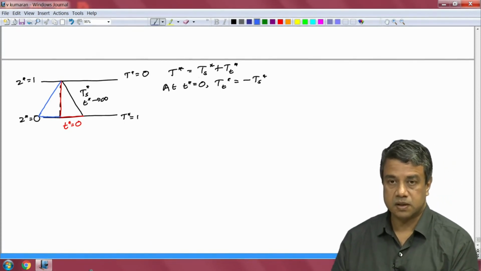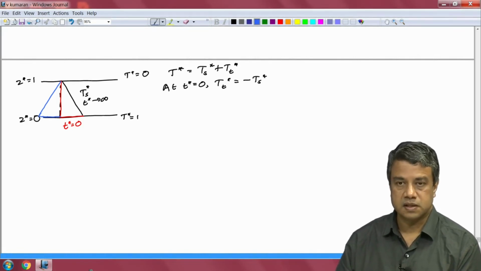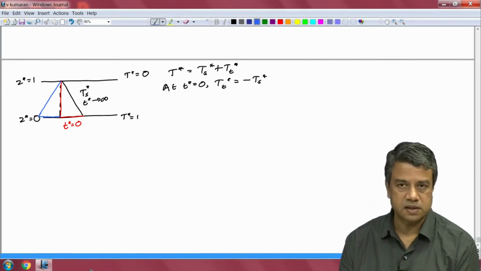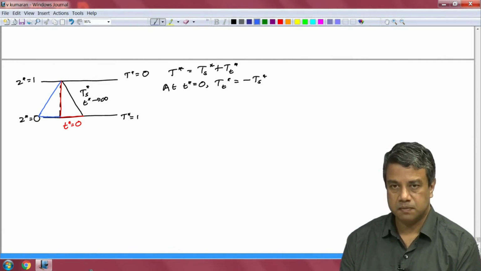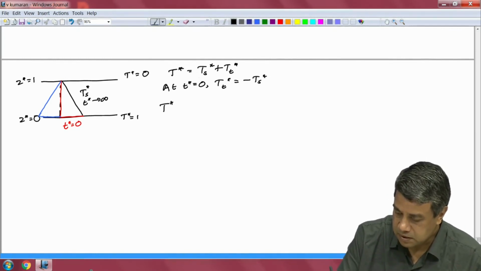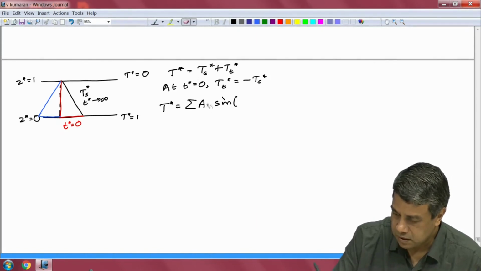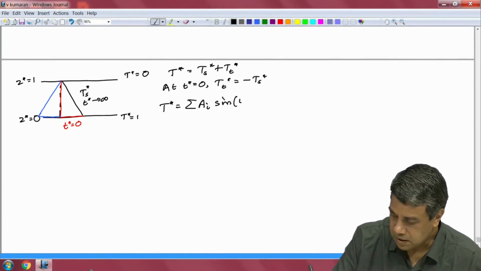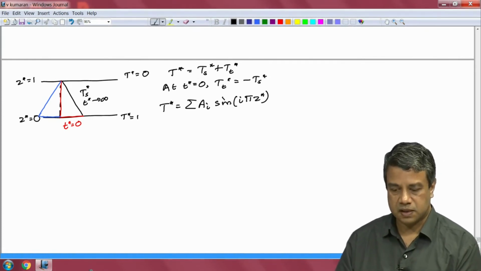The transient temperature is 0 at the bottom surface because there is a discontinuous change in the temperature there. It is equal to the negative of the steady temperature. At initial time, effectively from my solution, I had got the transient temperature as equal to summation of An sine of i pi z. That was the solution that I had got for initial time.